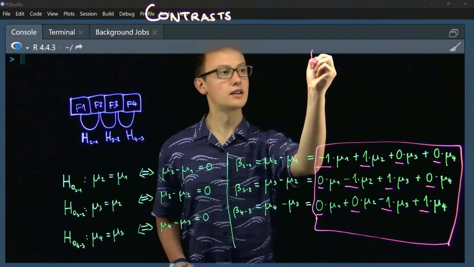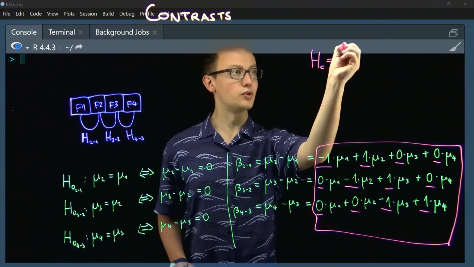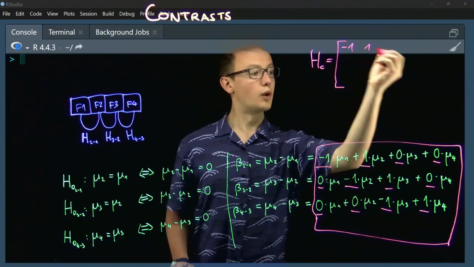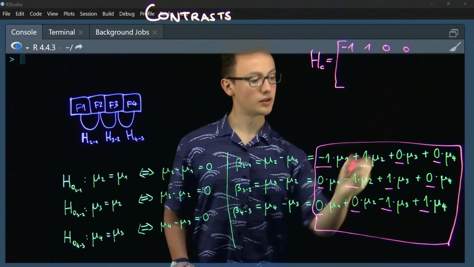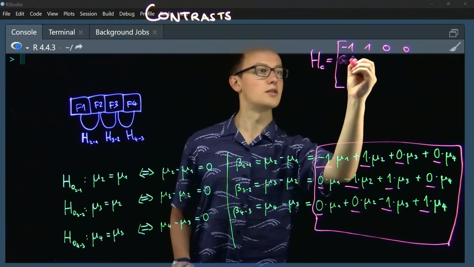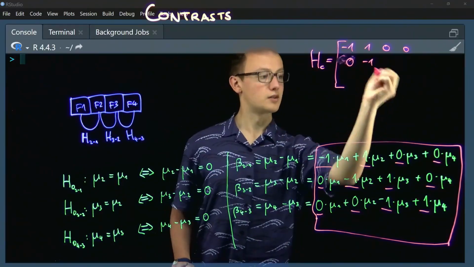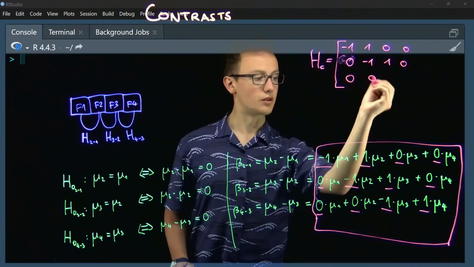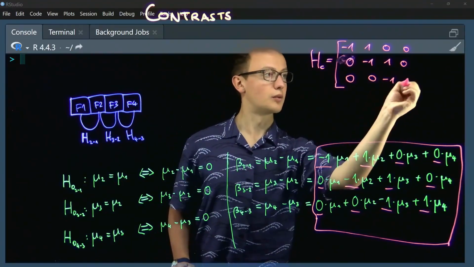So I can literally write HC is equal to the matrix which contains -1, 1, 0, 0, 0, just 3 rows. So 0, -1, 1 and 0, and finally 0, 0, -1 and 1.